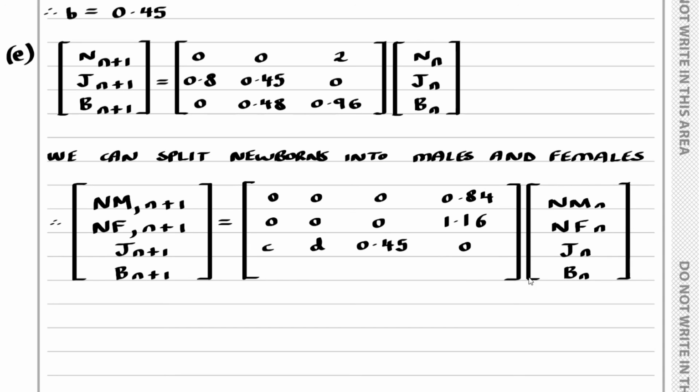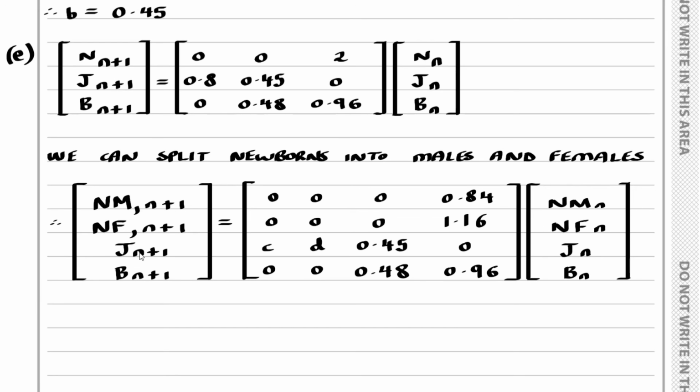And along the final row, we've got 0 newborns, as we have here, 0 times nn, and obviously nothing's changing there in terms of the breeders. So we have 0 times nf plus the 0.48 times jn plus 0.96 bn.